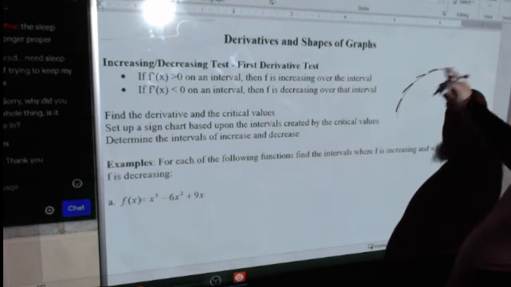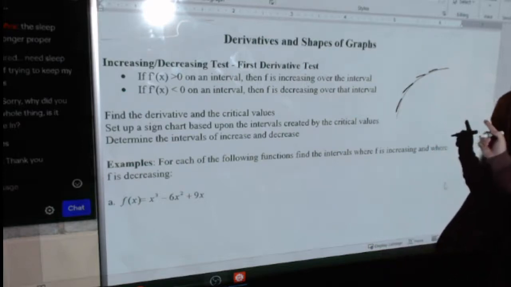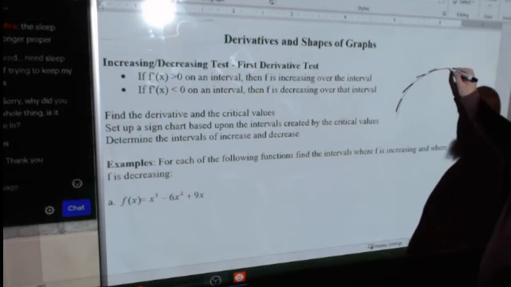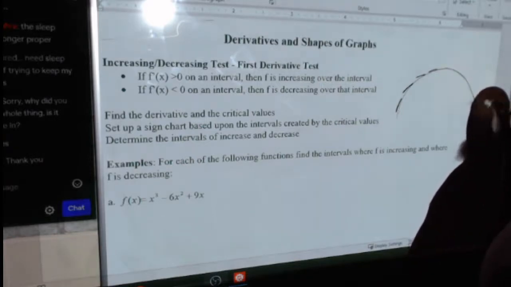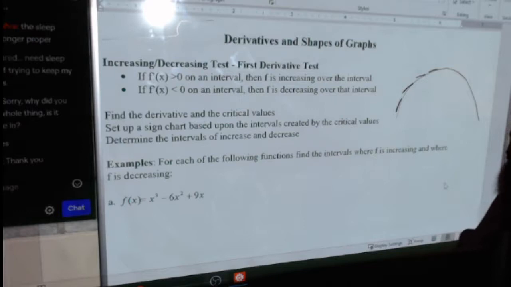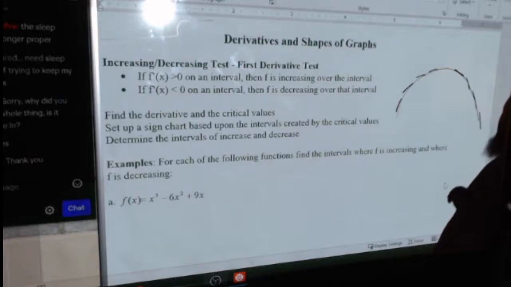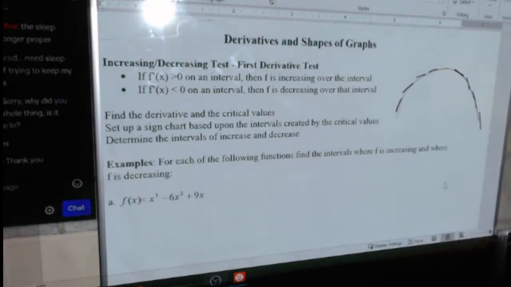The slopes on that curve are all positive, and notice the only way for me to draw that curve was as though it was increasing. And then if I keep going and bring it down this way, what do my slopes look like there? Well, they're now negative. So the negative slopes indicate that it's decreasing.